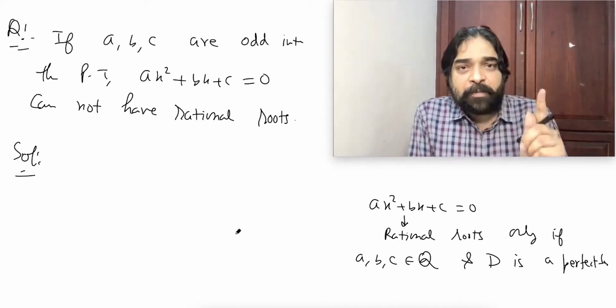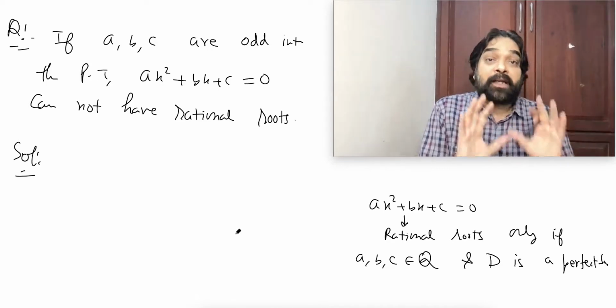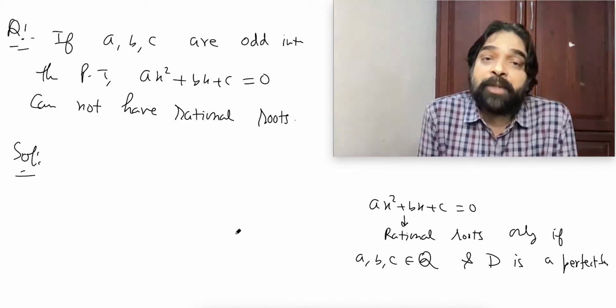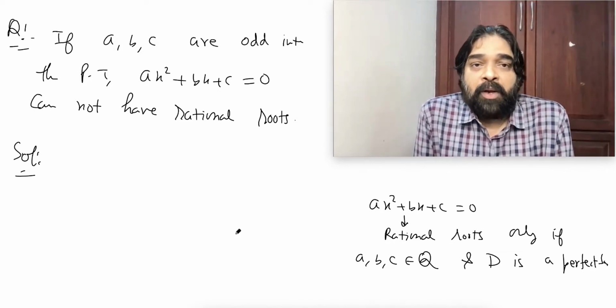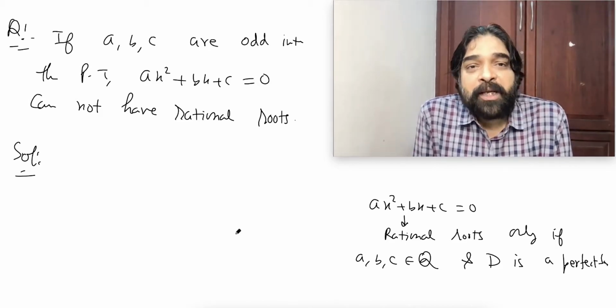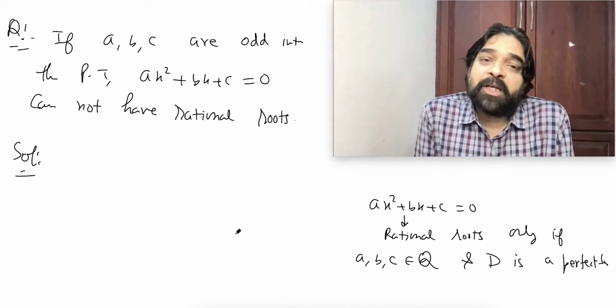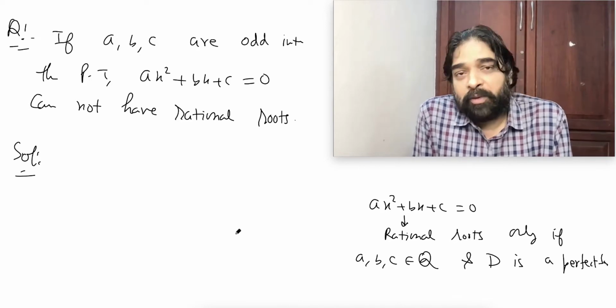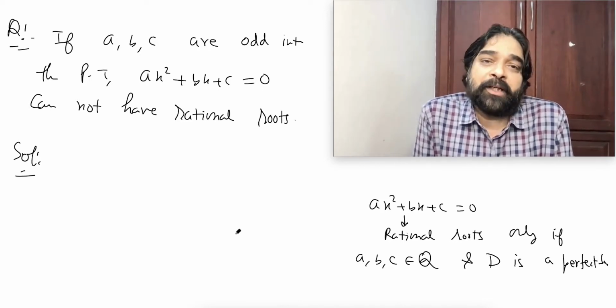A, B, C must be rational and D must be a perfect square. This is the condition for any quadratic to have rational roots. What is the condition? A, B, C must be rational and D must be a perfect square number.